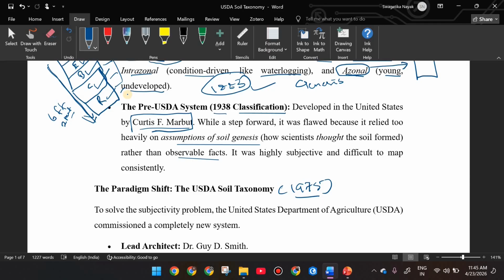So there was a need for an objective, not subjective, and quantitative measure to find out the types of soil.